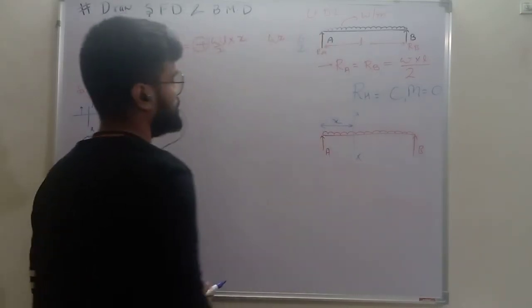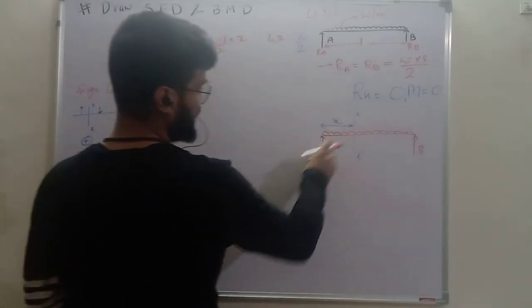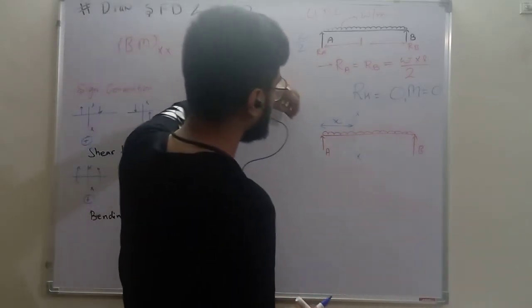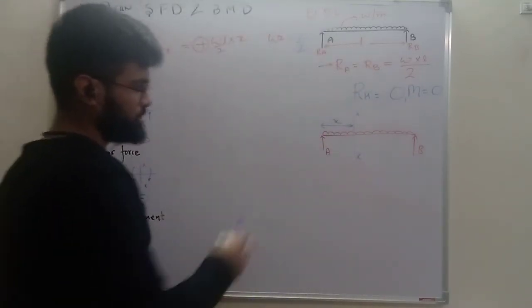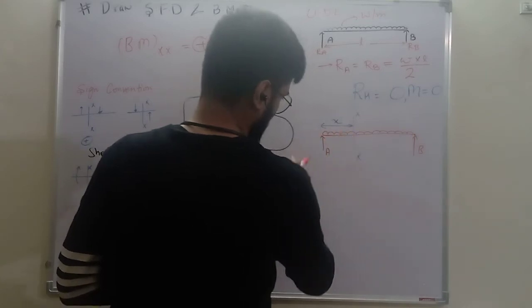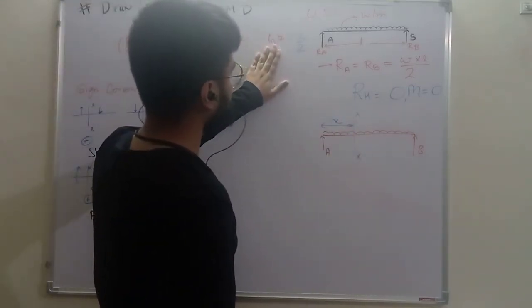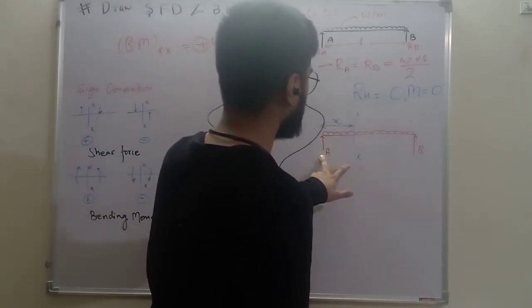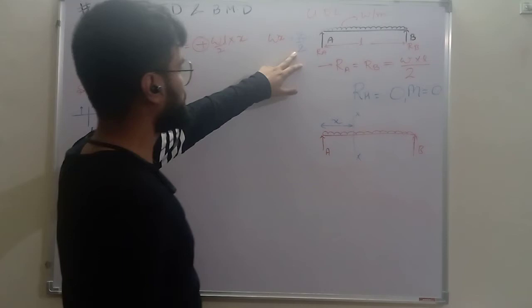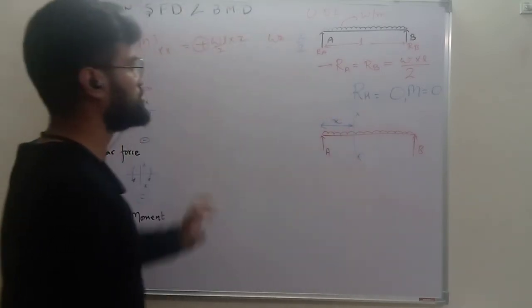We consider that Wx is a point load acting at the mid position of A and section XX, and then the distance of the CG from section XX will obviously be X by 2.